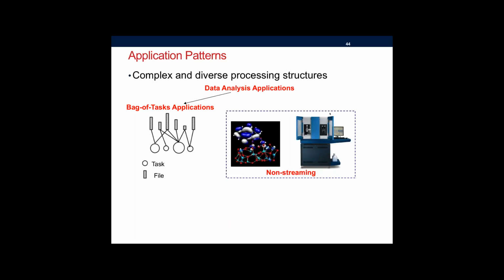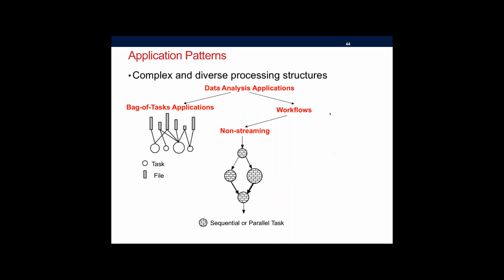The second set of applications, which I'll call non-streaming workflows in general. So, for example, generating a mapping alignment is one of them. In that case, you have a workflow. It could be a simple pipeline, or it could be a directed acyclic graph.